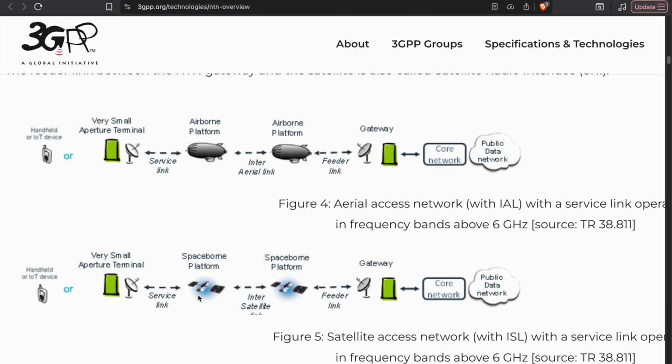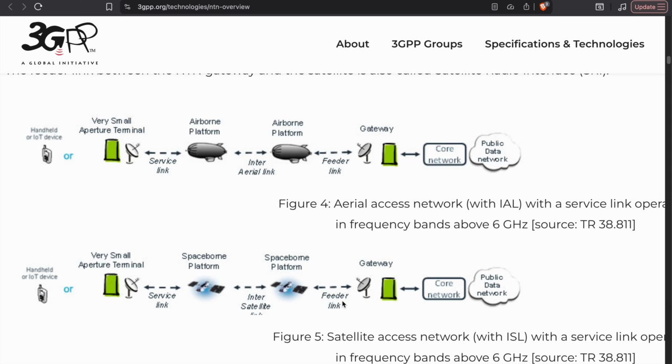So between the UE and the satellite, there is a link called the service link, which is basically used to represent the NR-Uu data from the UE to the satellite. And from the satellite, there is a link called the feeder link to the gateway itself. So this is the satellite gateway, which can be present on the ground.